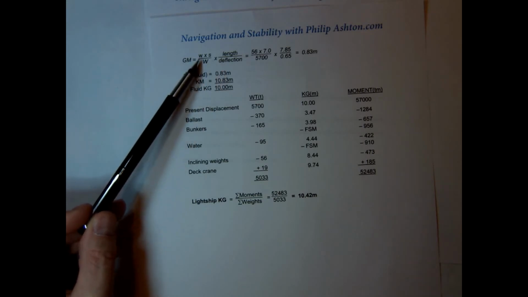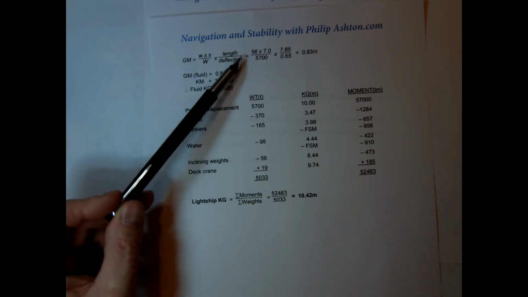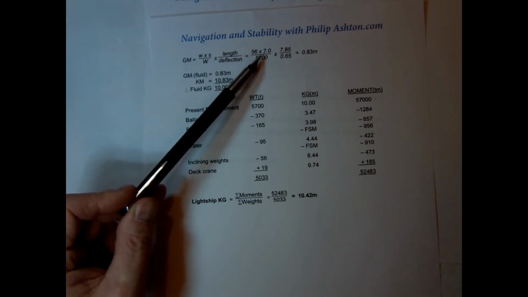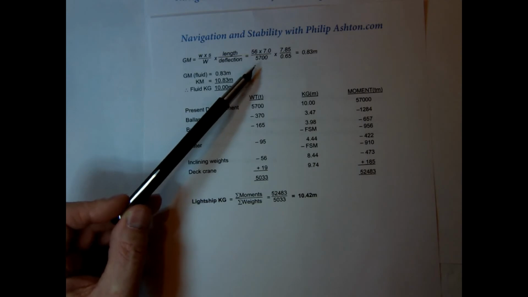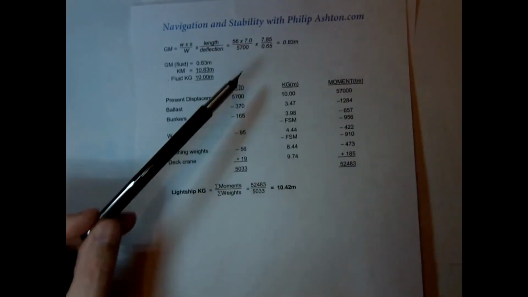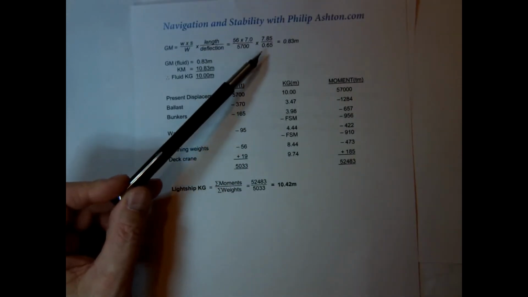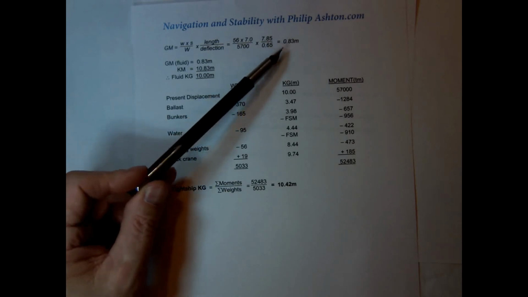Small w is the inclining weight, s is the transverse distance we move the weight, large W of course is our displacement of 5,700, 7.85 is the length of the plumb line, and 0.65 is the deflection, and that gives us a GM of 0.83.